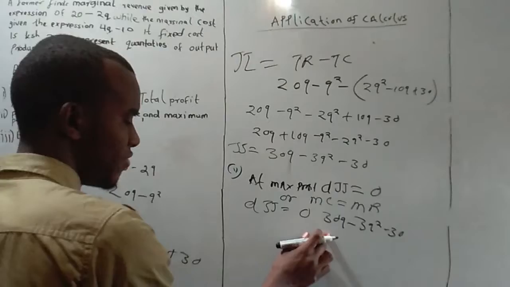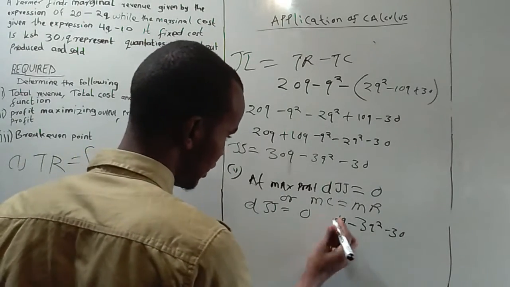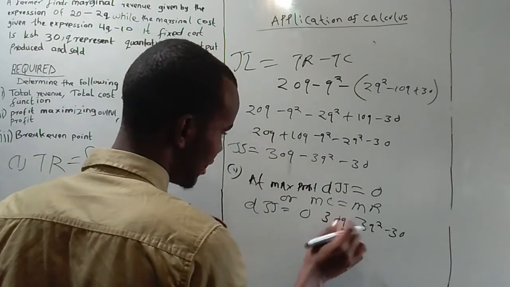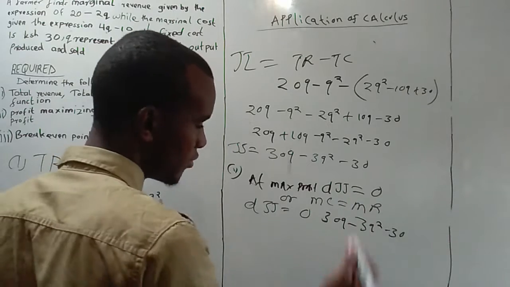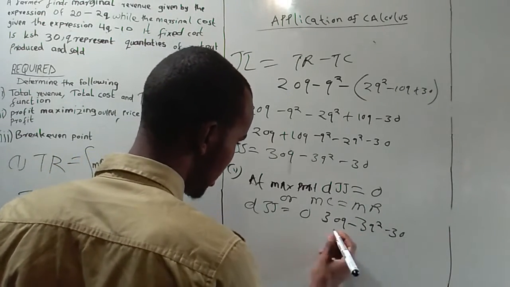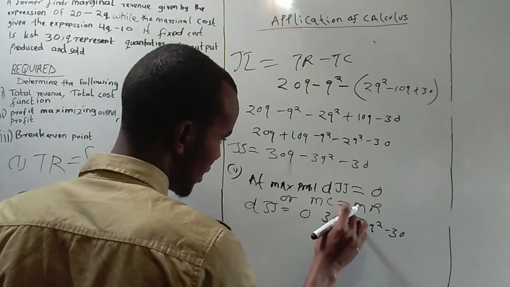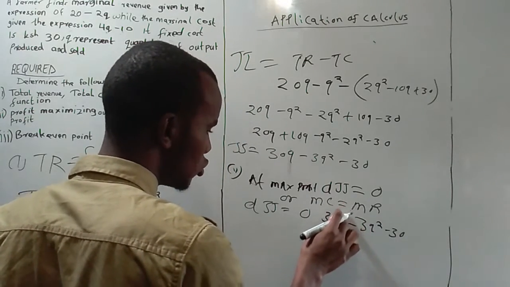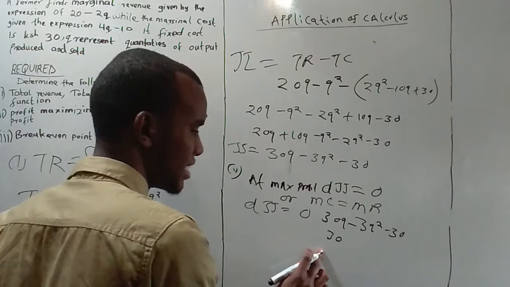So if I differentiate 30q, we multiply the power with the coefficient, 1 times 30, which is 30. q to the power 1 minus 1 is raised to 0. Any number raised to 0 is 1. So this will remain as 30.